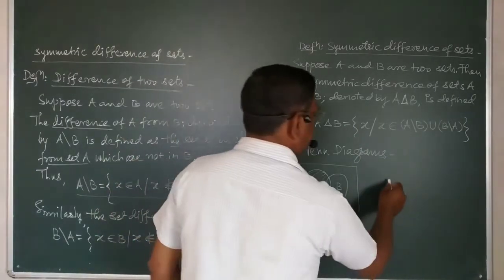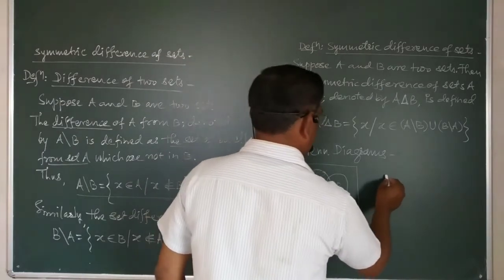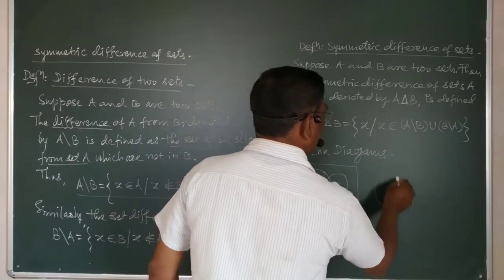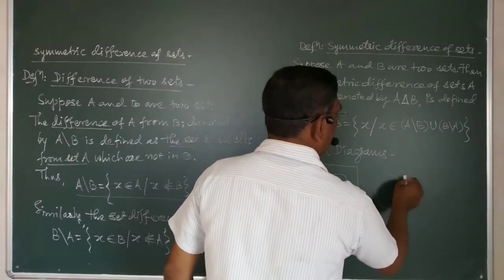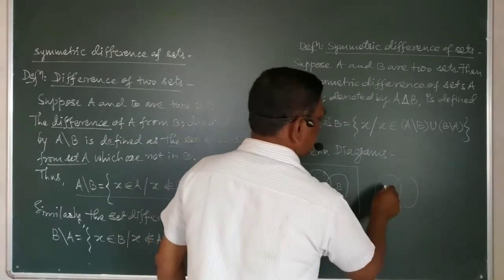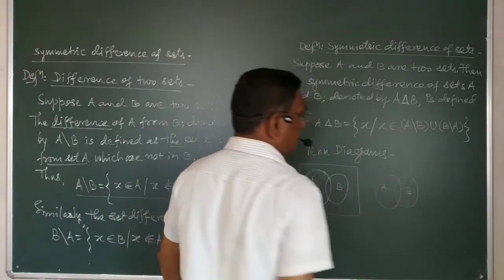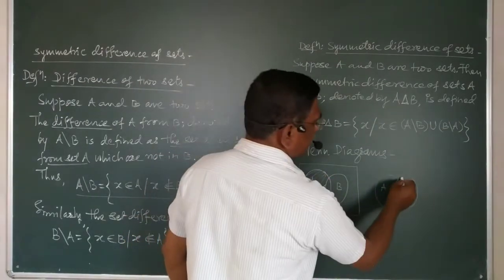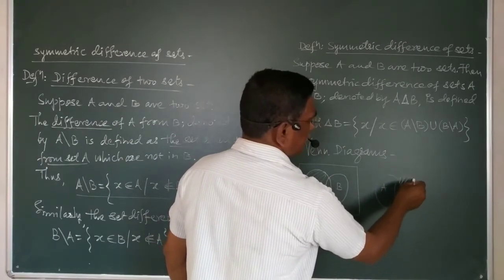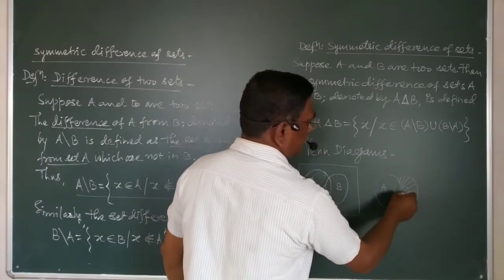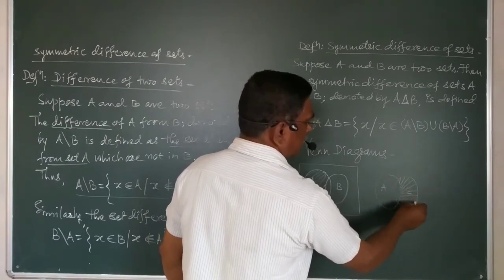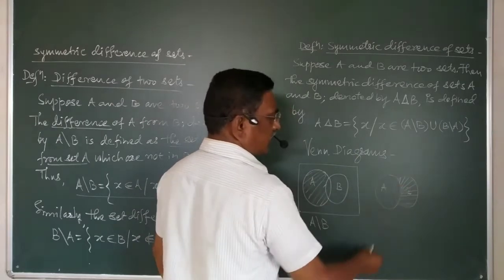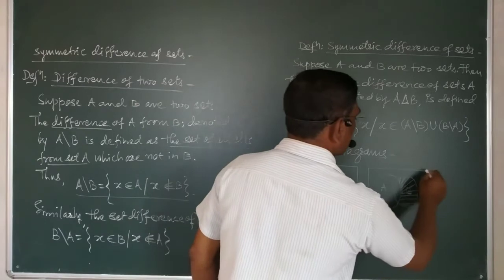Whereas if I go for the second one, then what happened here? If this is my A and this is my B, then instead of this part, I should consider this part, because these are the elements belonging to set B but not belonging to A. This is because the common part of A and B is not going to be considered.